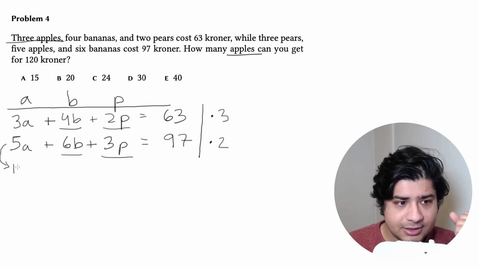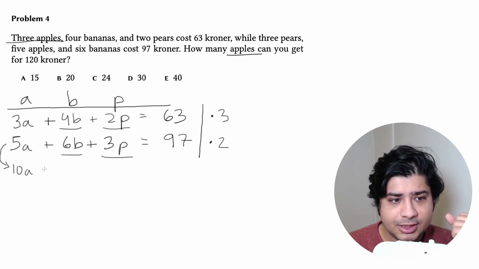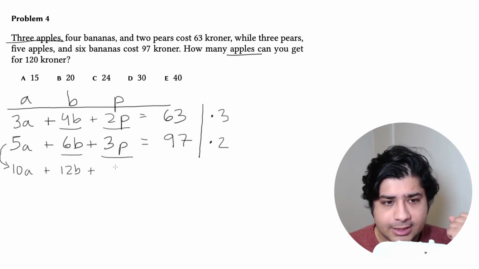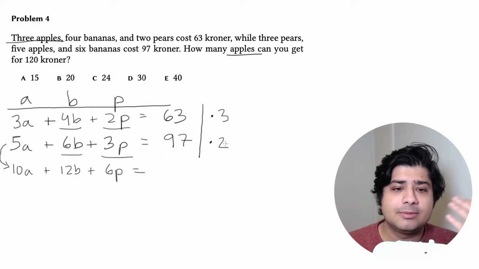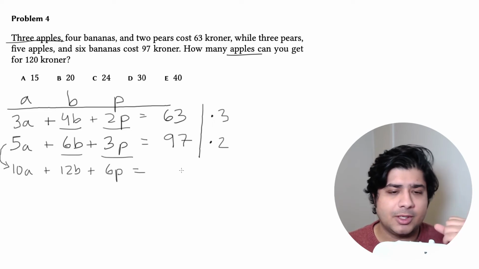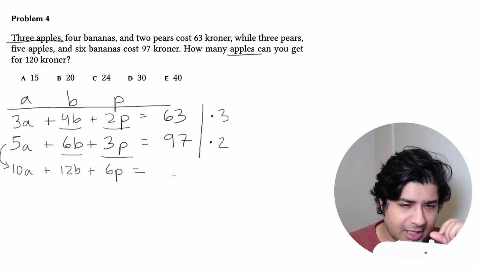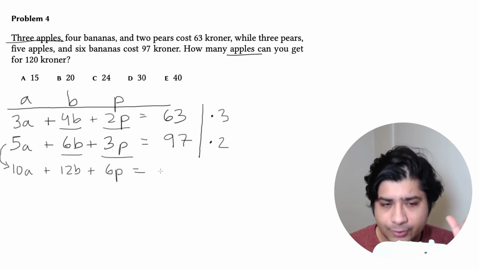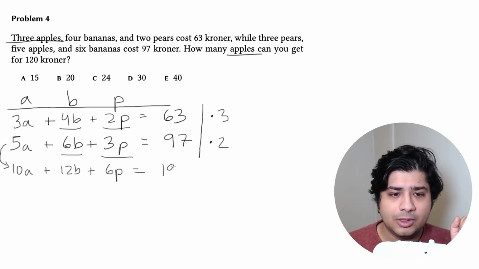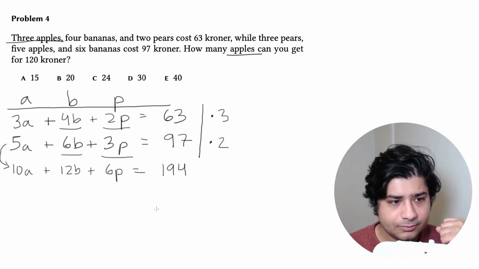That's going to give us 10 apples and 12 bananas and 6 pears. And it's going to be 97 times 2. That's going to be 180 and 7 times 2 is 14, so that's 194.